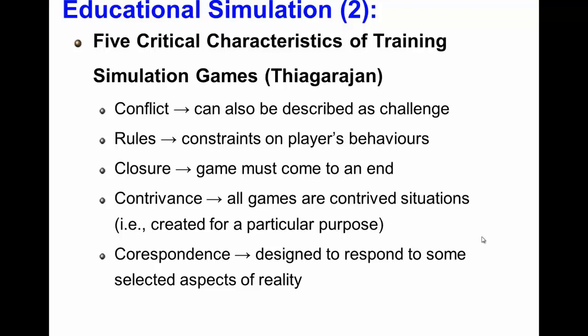Closure, the game must come to an end. It cannot last forever. Contrivance, all games are contrived situations, or in other words, they have to be created for a particular purpose. And finally, correspondence. The simulation game has to be designed to respond to some selected aspects of reality.